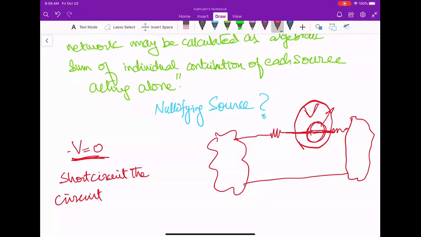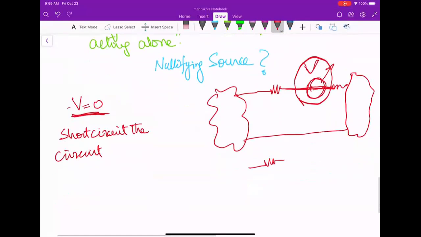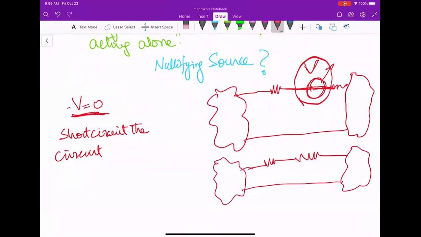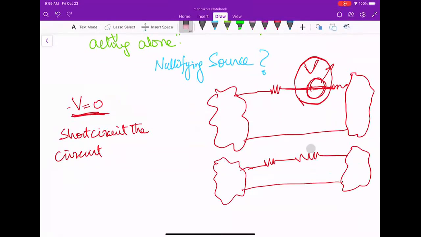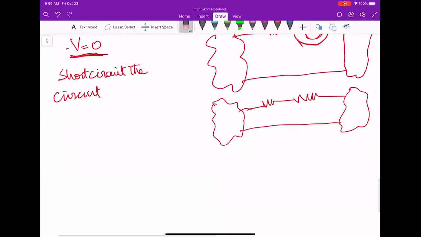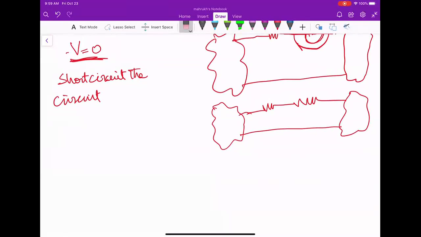So that will make my voltage source 0 here. Why am I making it 0? Because maybe I want to know the effect of another voltage source, or the effect of a current source which is already in the circuit. I am just trying to nullify the voltage source. How can I nullify a current source? Let's see.